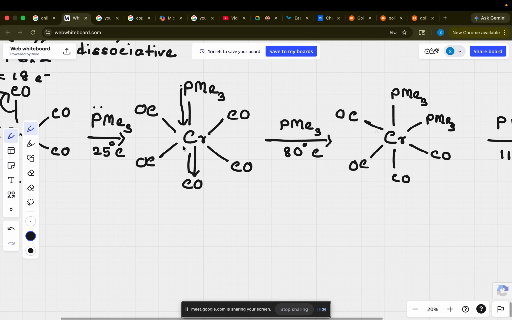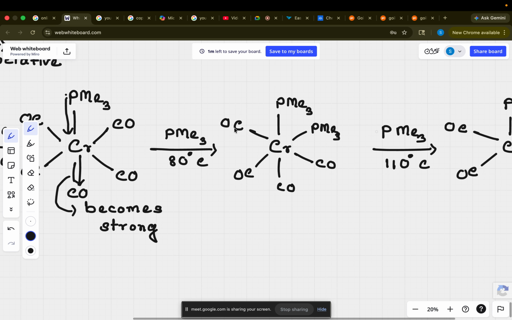Now the metal is back donating the electrons to the pi star orbital of your carbonyl group. And what is happening? This chromium carbonyl bond becomes strong. This chromium carbonyl bond is becoming very strong.